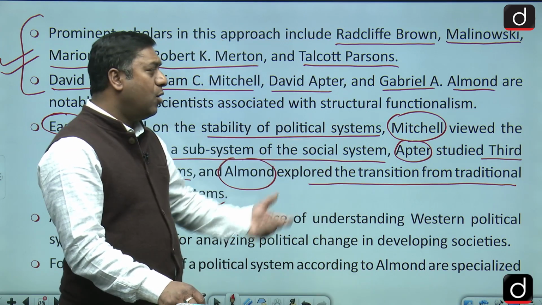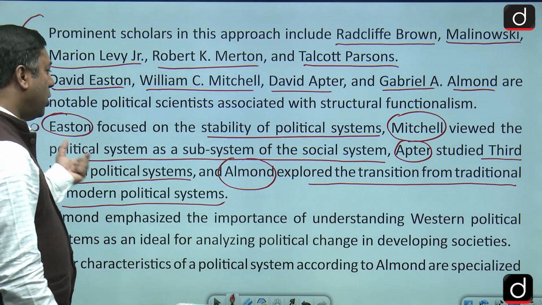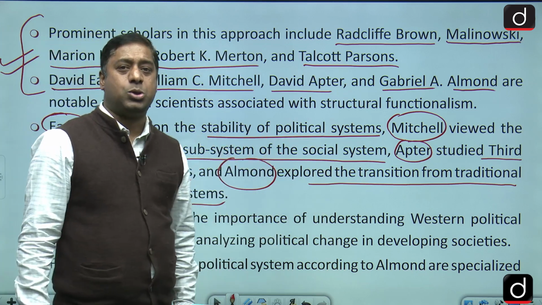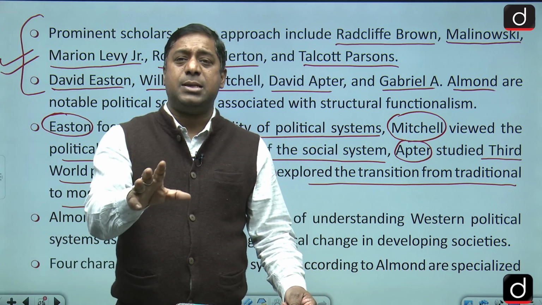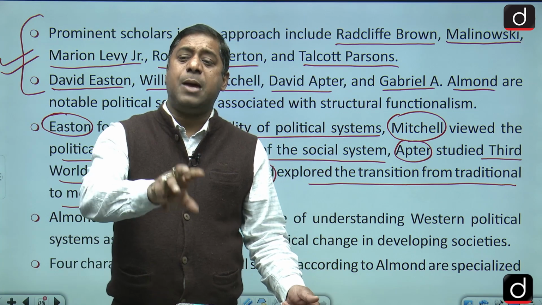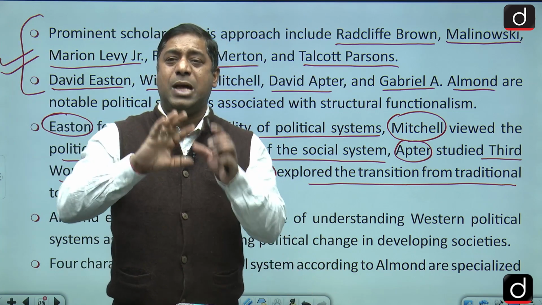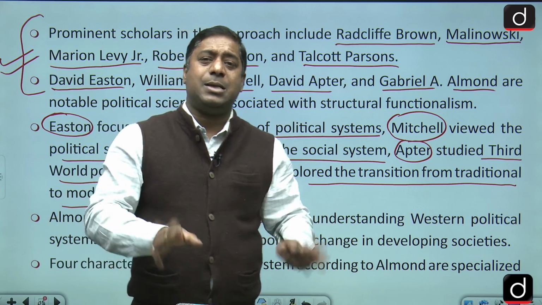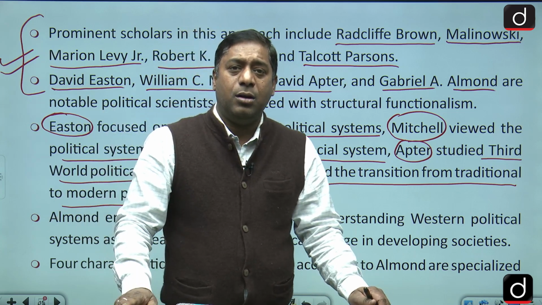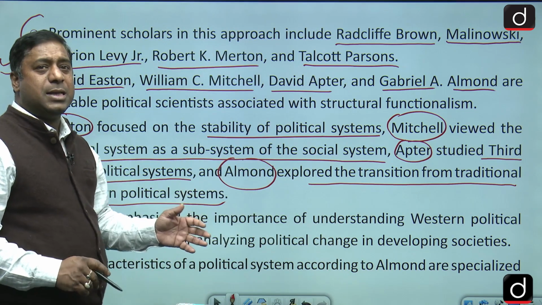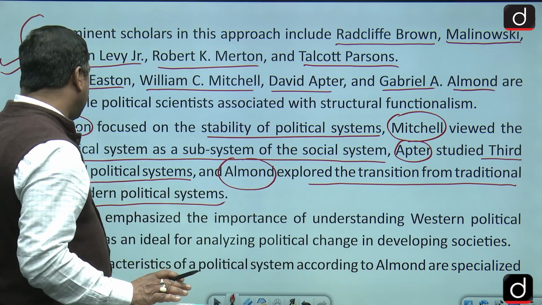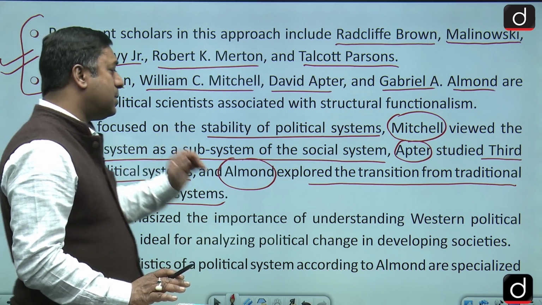But Mitchell viewed the political system as a subsystem of the social system. That means according to Mitchell, the political system is nothing else but a subsystem of the social system, a subsystem of the system running in society. And what about Apter? Apter says that the political system is a third world political system.